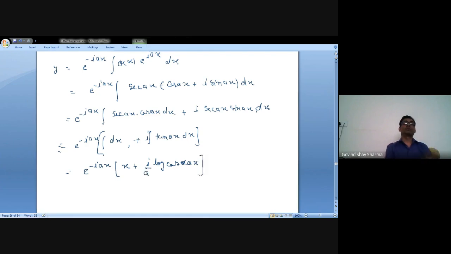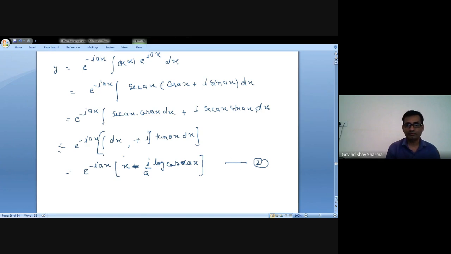Because integration of tan x is equal to, we know that log cos x, because the differentiation of log cos x is equal to 1 upon cos x and cos x is equal to sin x. So here the minus sign is also minus. Okay, this is our result 1. Now the second part, so we give equation number 2.